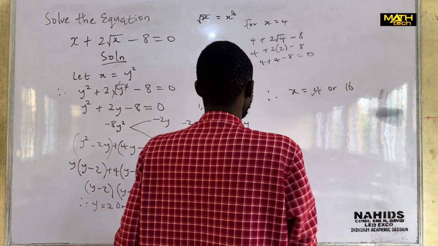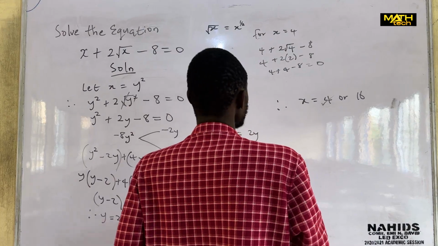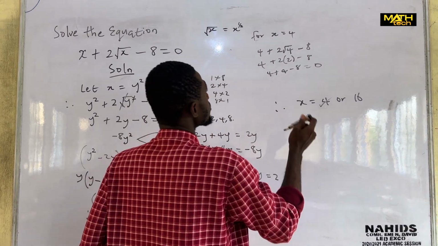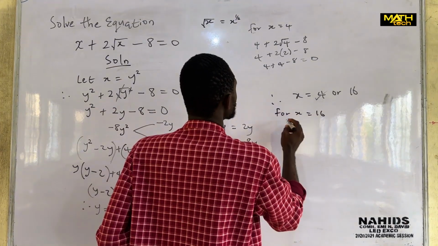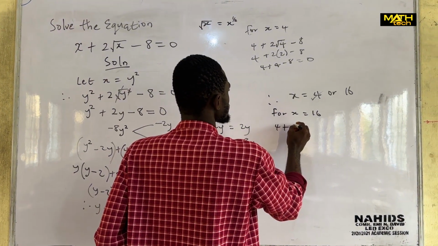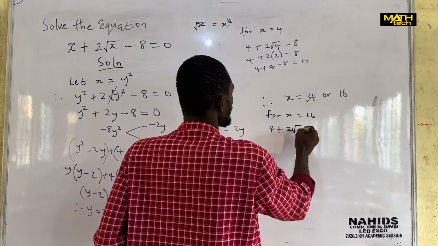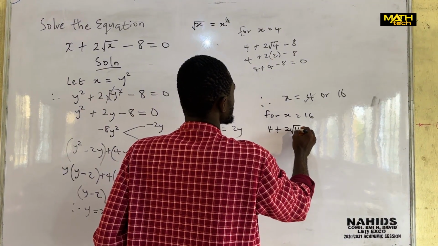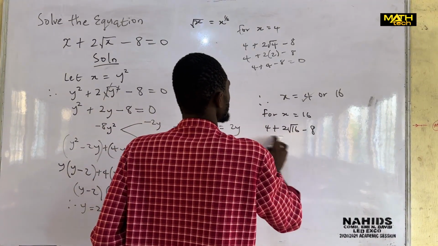Also, let's check for x equal to 16. For x equal to 16, we say 16 plus 2 square root of what? 16 minus 8.